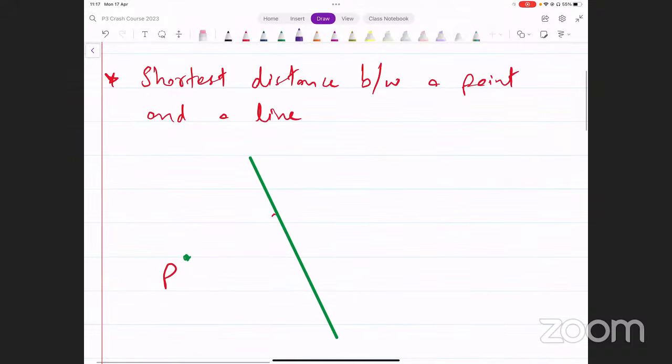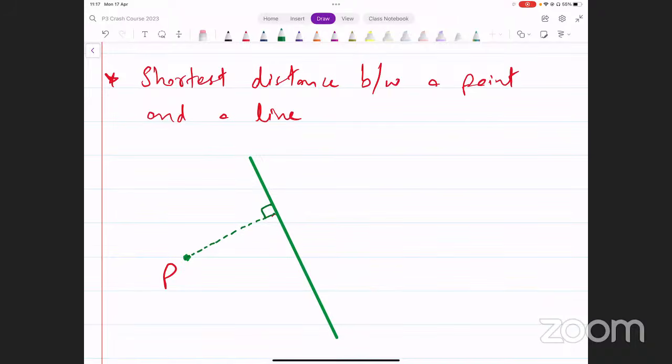If you have to find the shortest distance between a point and a line, remember that the shortest distance is always going to be the perpendicular distance. Please remember that. That's the first thing that you need to remember.